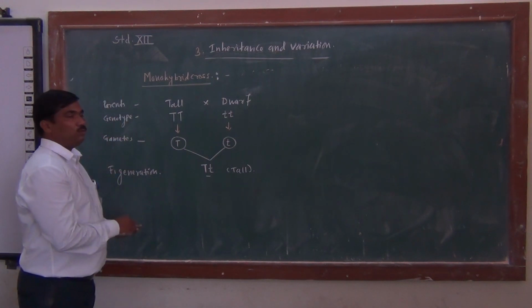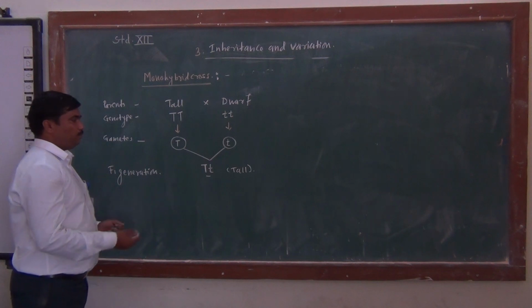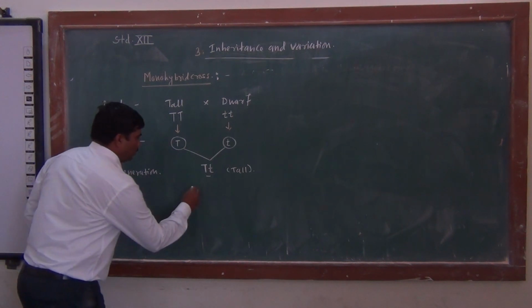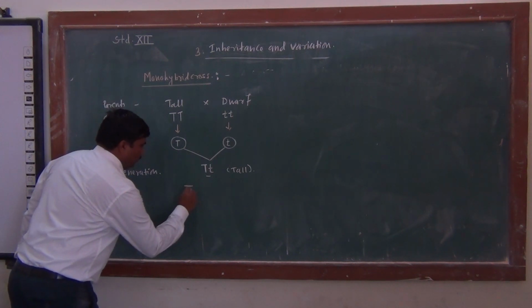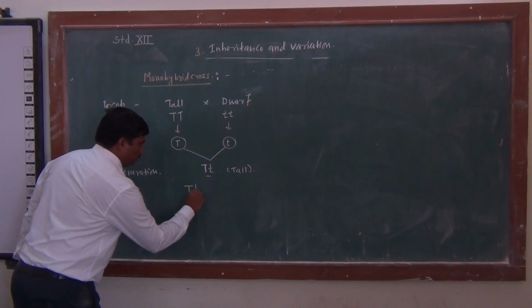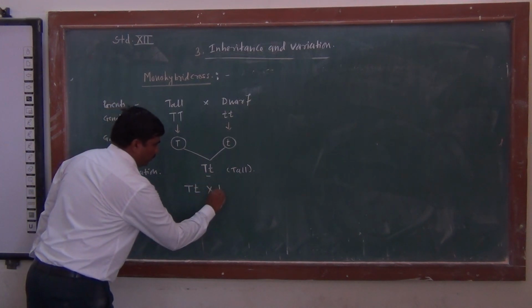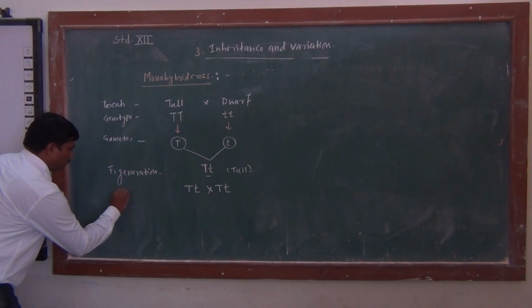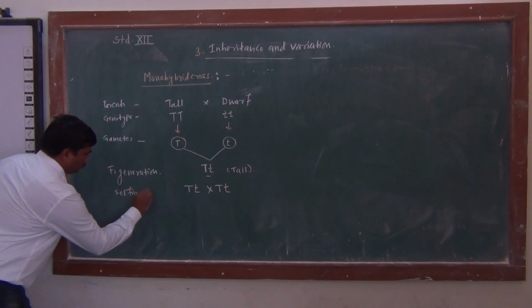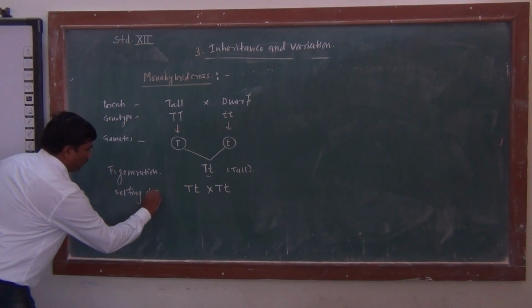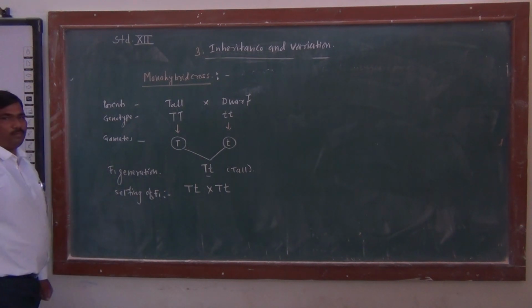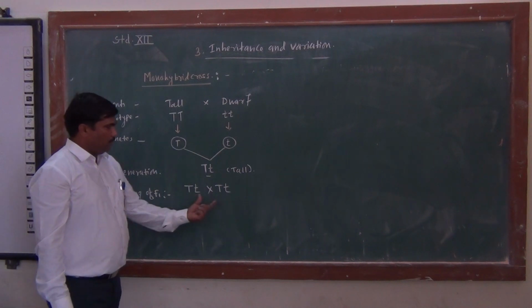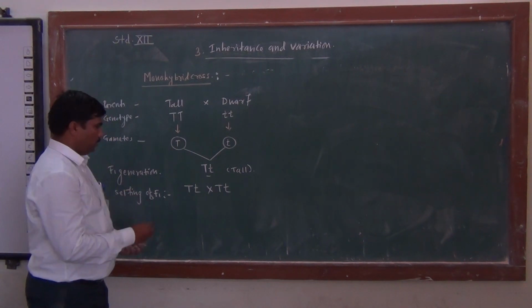Then he allowed selfing of the F1 generation, that is capital T, small t crossed with capital T, small t. Then the gametes are formed.